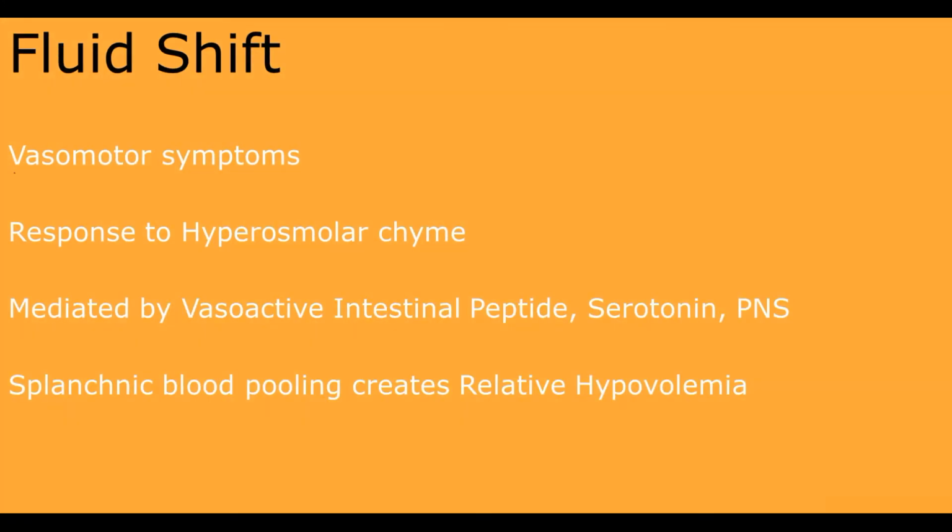The second mechanism is fluid shift. This mechanism causes vasomotor symptoms of early dumping syndrome. The fluid shift mechanism is a response to hyperosmolar chyme properties. For example, how can this mechanism regulate chyme osmolarity in case of hyperosmolar chyme?